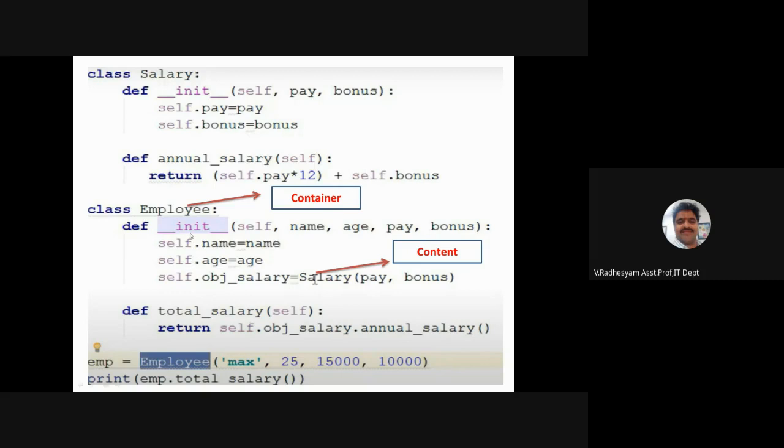Here in this constructor, what I am initiating is self.obj_salary equal to Salary(pay, bonus). What is this Salary? The word Salary is a class. It is another class, right?